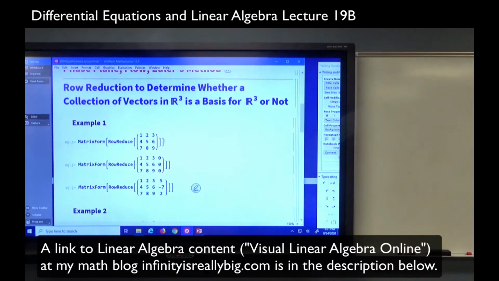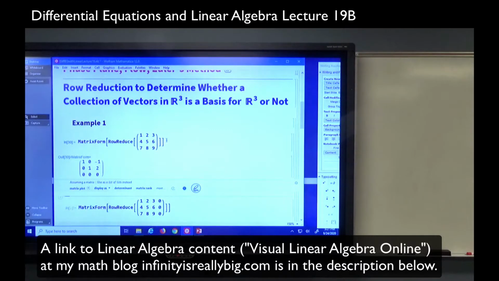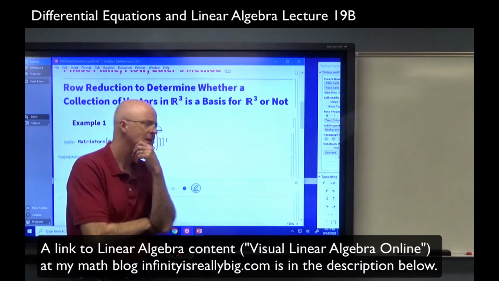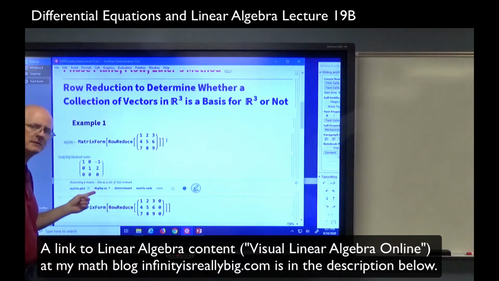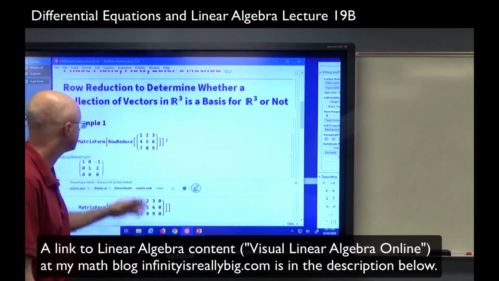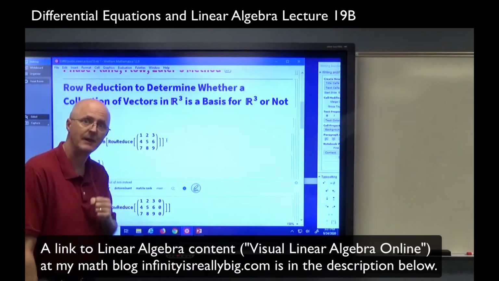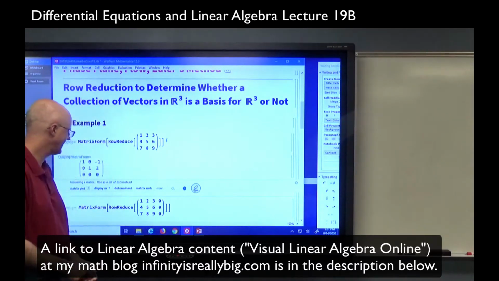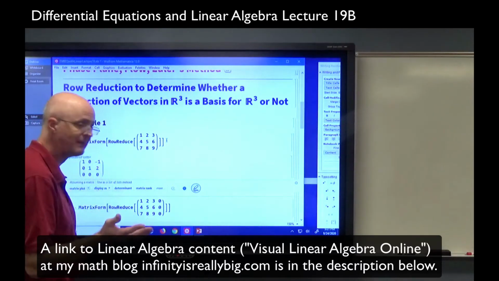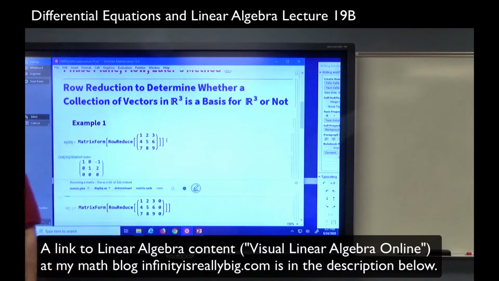Here's the first example. If you row reduce this matrix, you get a row of all zeros. That's the reduced row echelon form of it. That's the thing that makes the column vectors of this matrix not form a basis, because we had a row of zeros. Why? Well, you can think of it either in terms of the null space or the column space.